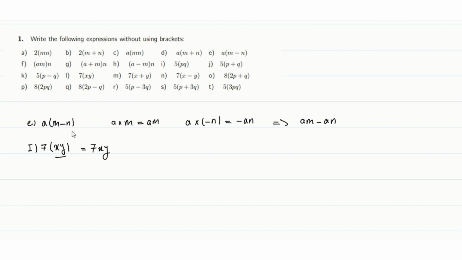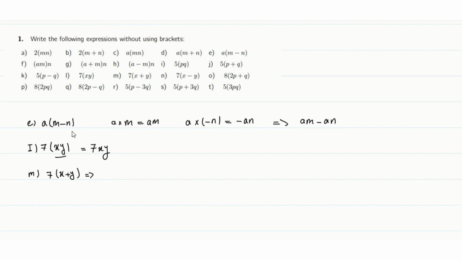Now, let's solve another one. Let's say we want to solve part m, which is 7 times x plus y. As you see in here, we have a plus sign, which means these two terms inside the brackets are being separated from each other. So we need to multiply 7 by each of these terms individually and just add the values together.